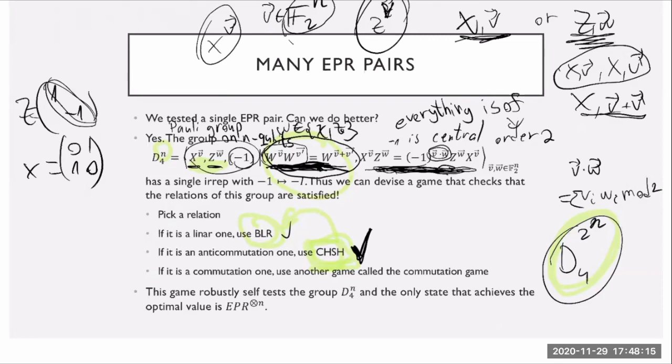Okay, so let me say what I am after. Here you ask it as if the players have some function in their mind, and you're applying the BLR test to this function to see if it is a linear function.